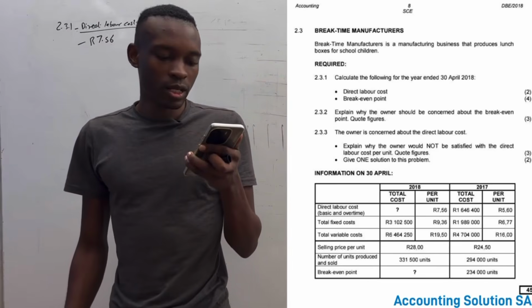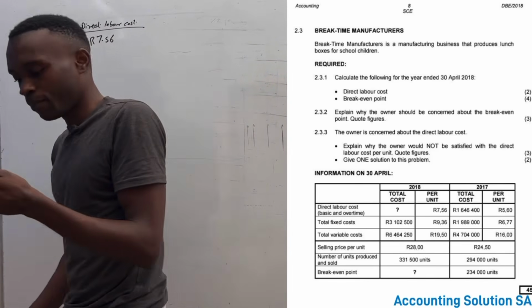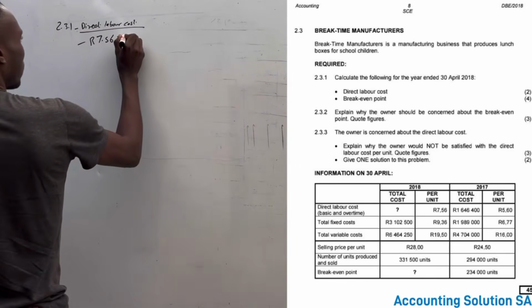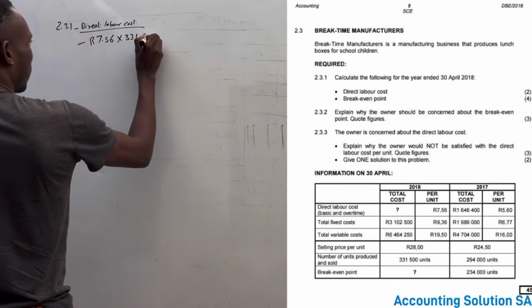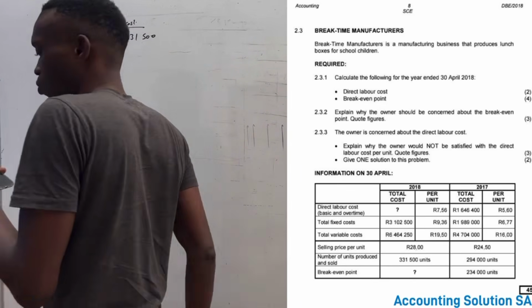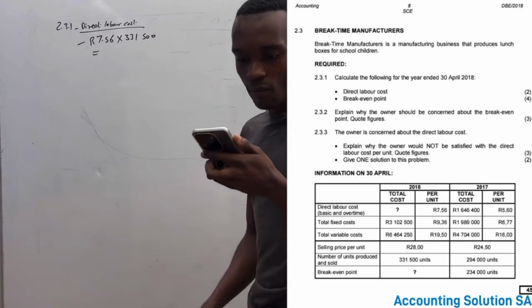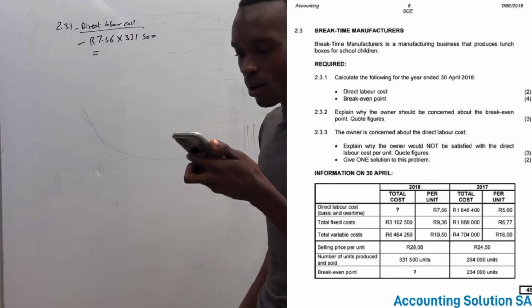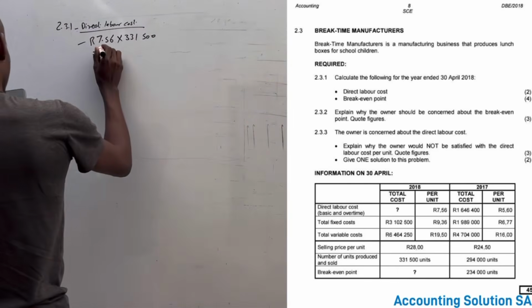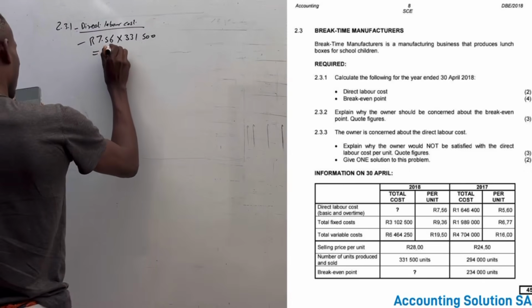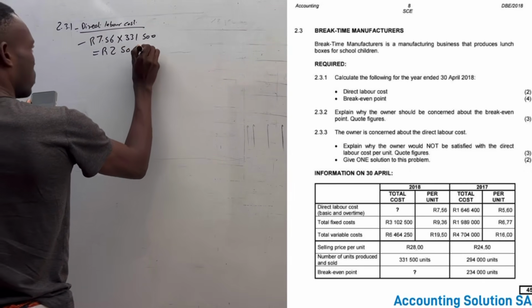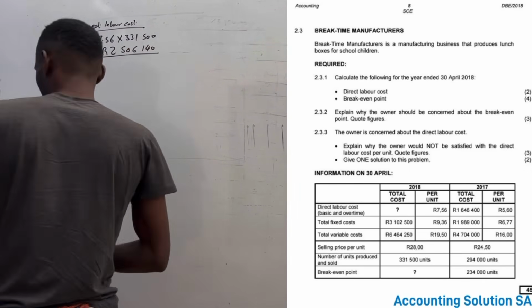It was 331,500. So you multiply so that you can get the amount of direct labor cost. It's going to give you 2,506,140. Very simple, just like that.